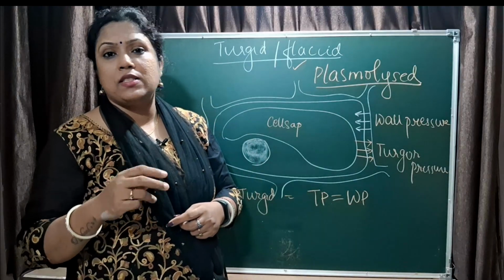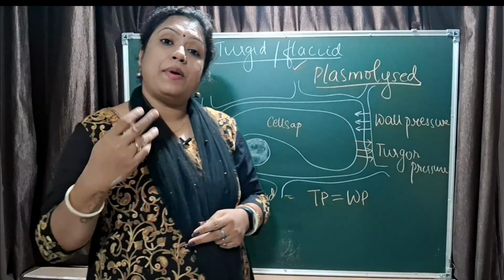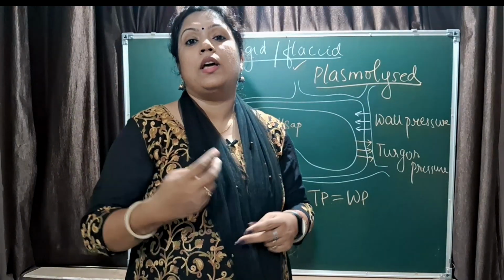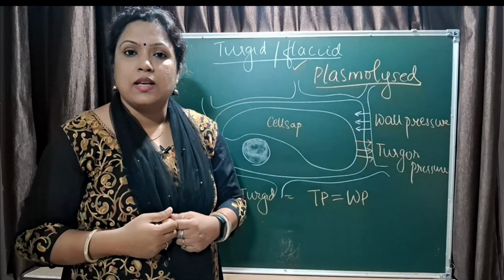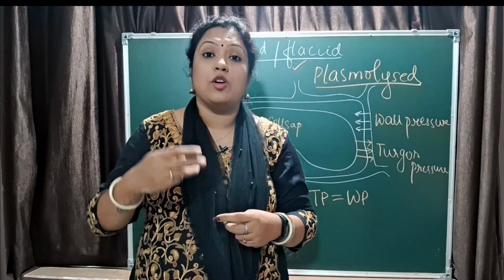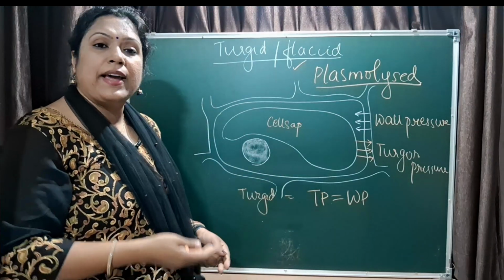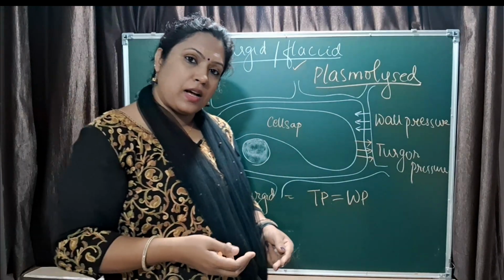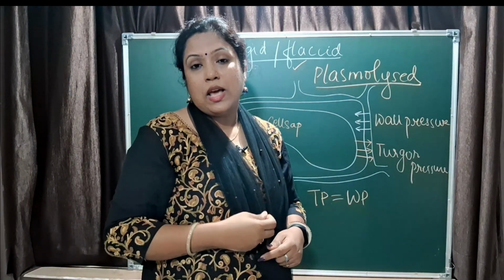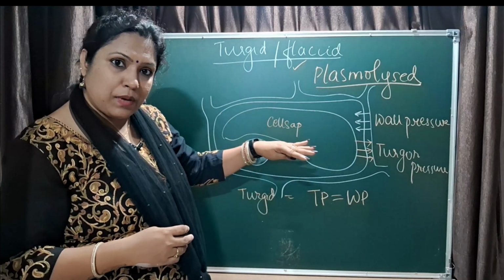So turgidity plays a very important role in plant physiology and in maintaining the movement of water in and across the plant cells. Turgidity is also important to build up the osmotic pressure, or you can say the root pressure. What is root pressure? The initial rise of water takes place in the plant because of osmosis, and it continues till a certain period of time, a certain height of the plant.